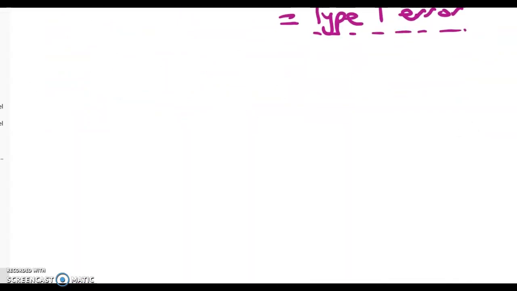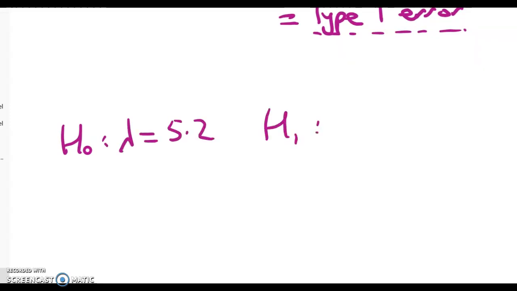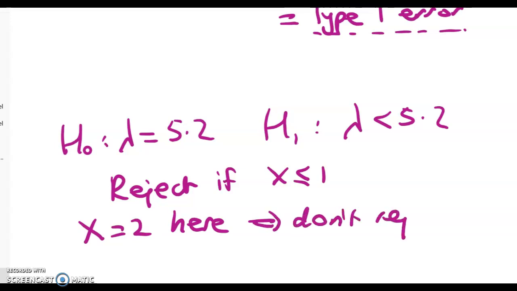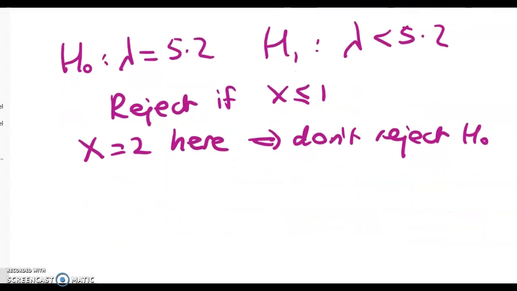So what do I have to say now? Well, I think I'm going to write them down again. So we're going to reject if x is less than or equal to 1, but we've got x equals 2, so we don't reject H0. And as I've said in class, in the Cambridge schedules and textbook, we simply say that we're going to accept H0.